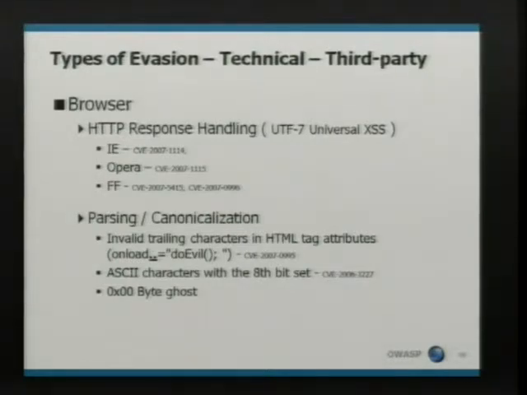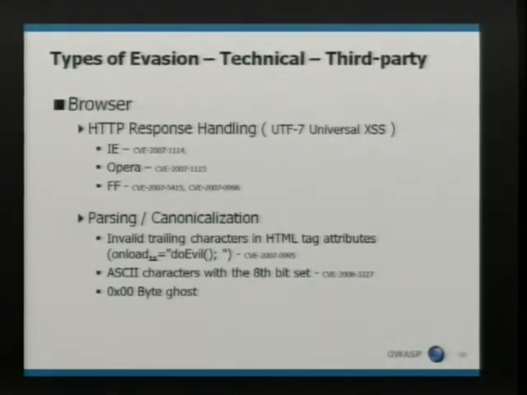Then we have the browser, which is very, very interesting because it's a really black box. There are some issues that Internet Explorer, Opera and Firefox had. I don't know if you're aware of the multiple web browser UTF-7 cross-domain character set inheritance.